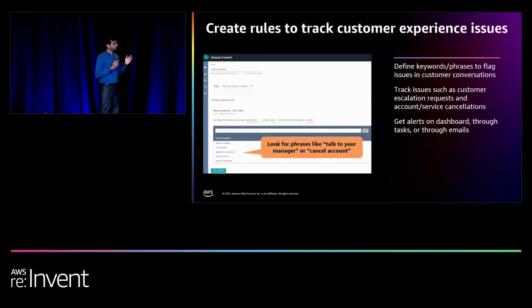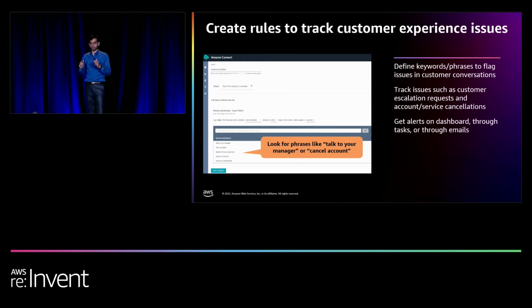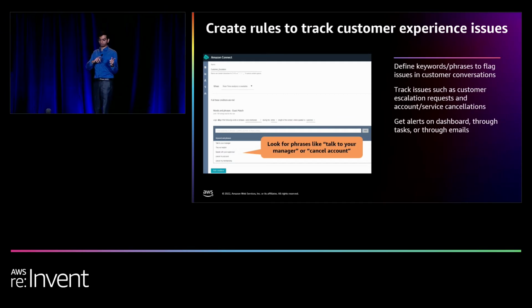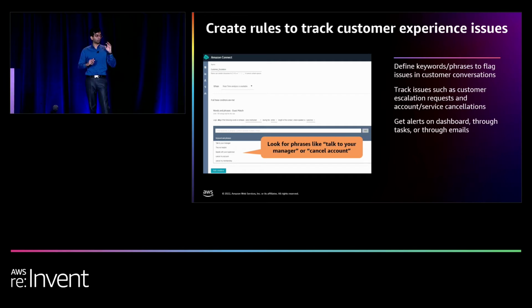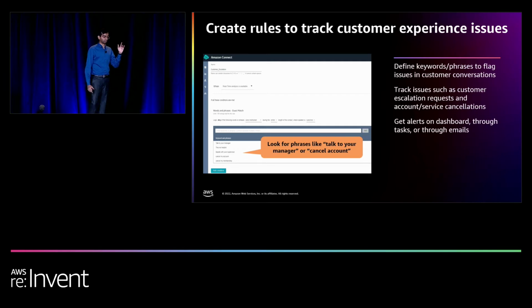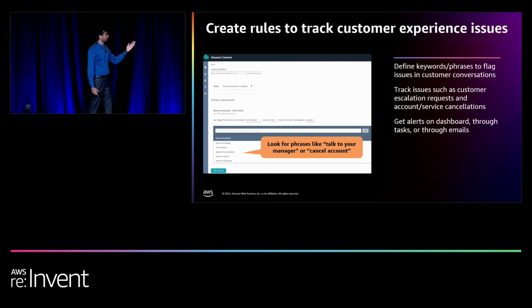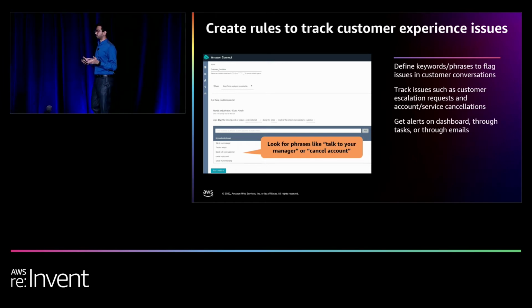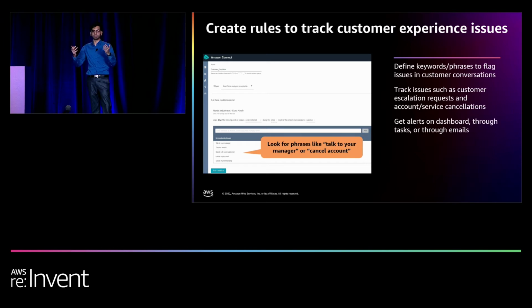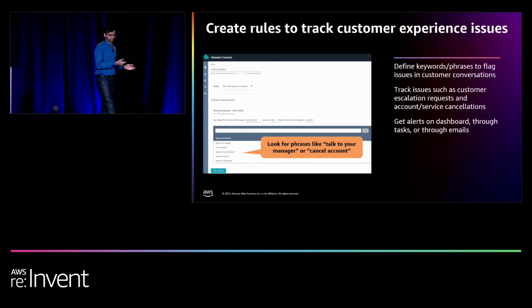Now, with the automated contact categorization capability, which is different from the summarization capability that I just talked about, Contact Lens can also tag live contacts based on your specified criteria. So you can address scenarios like escalation requests, where a customer is trying to request a conversation with a manager.